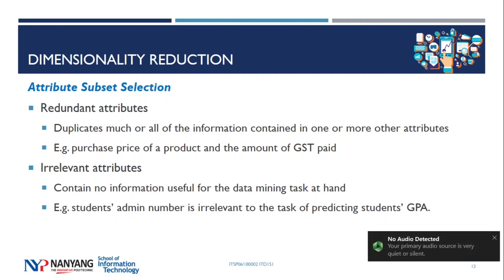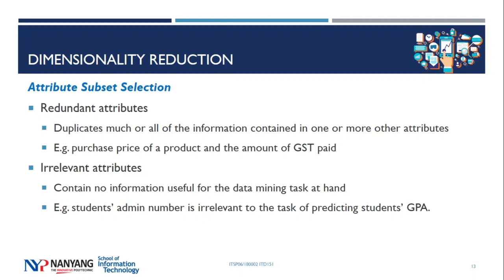So in terms of attribute subset selection, what we mean is that we do not need both sets of information at the same time, or we can remove an attribute that is not useful for analysis.